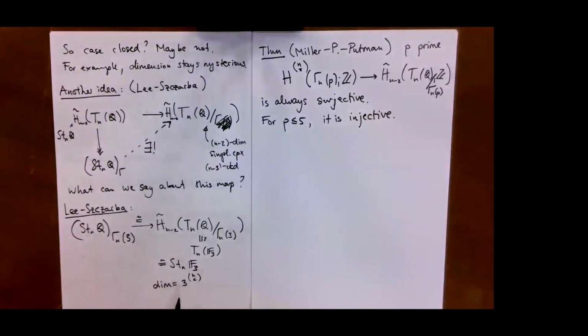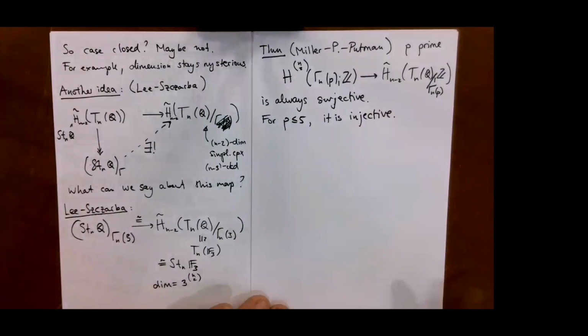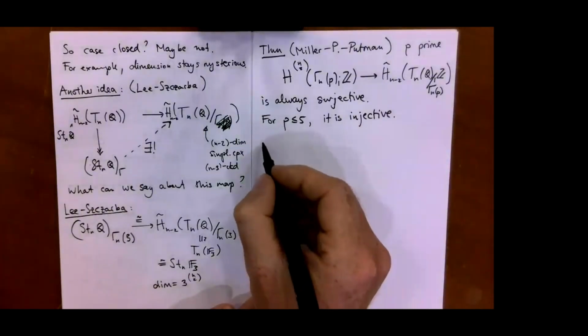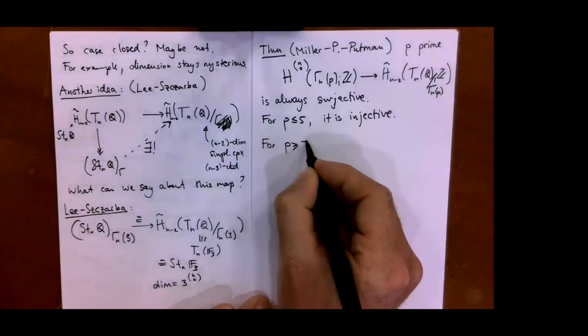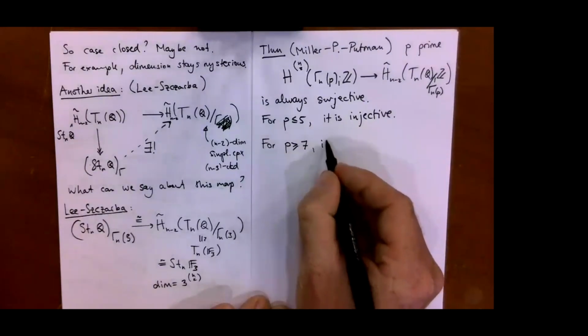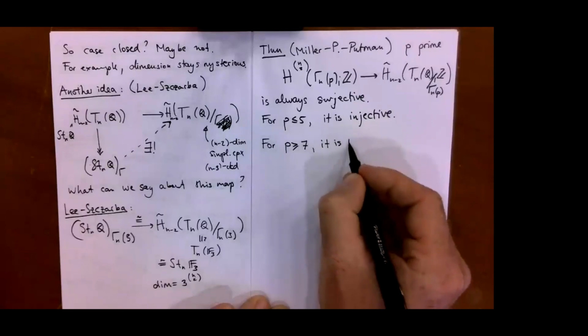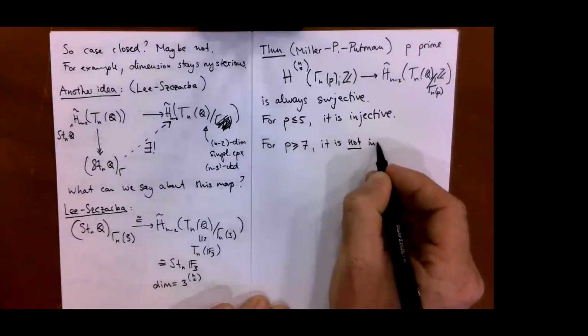So this includes Lee and Schaber's result for 3, and maybe their techniques also show it for 2, but certainly not for 5. For 5, it's much more complicated. And then for p greater than or equal to 7, it turns out that it is not injective.